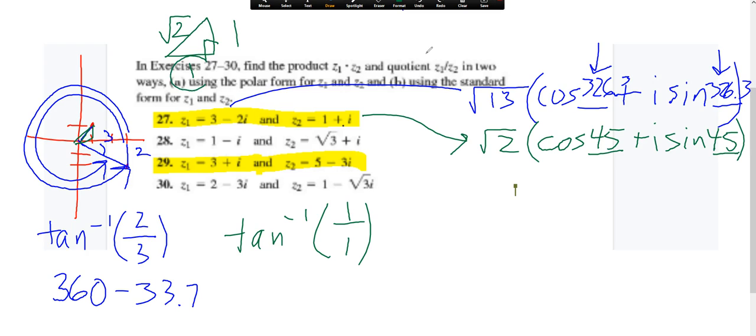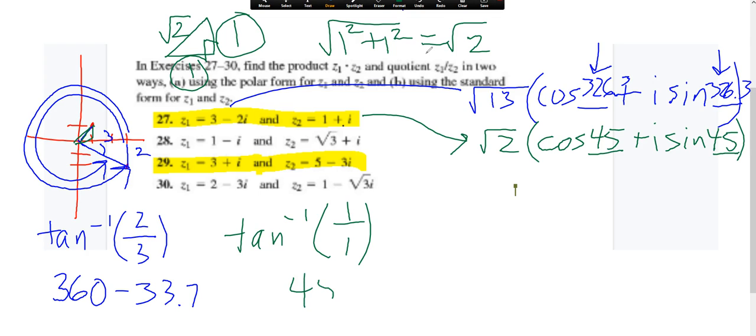The legs are both the same. The legs are both 1. So, I mean, even if you do the Pythagorean theorem, 1 squared plus 1 squared, that's how you get your radical 2. But that fits the 45, 45, 90 right triangle. But if you didn't know that, you could do inverse tan and come up with the 45 degrees.